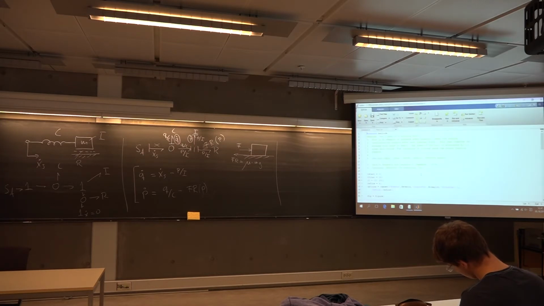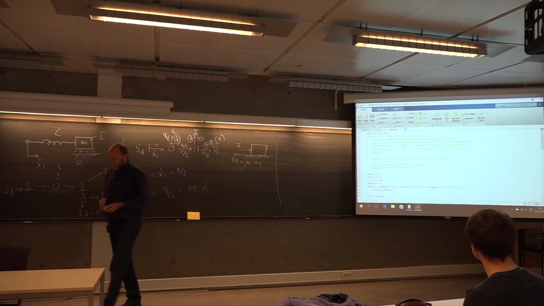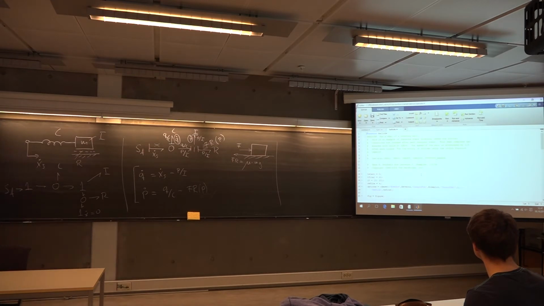Then you have the source code for this function, how it is done. So it's a lot of cosmetics here in the beginning. So just to make the graphs, they actually use here ODE23, not 45, but that's okay.